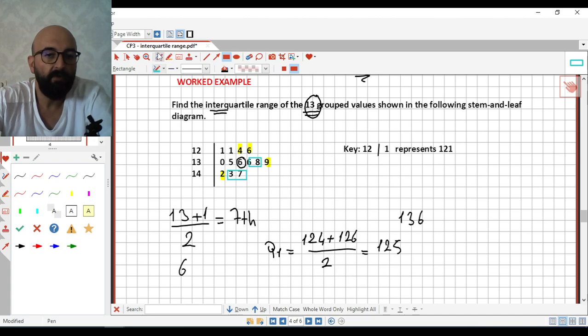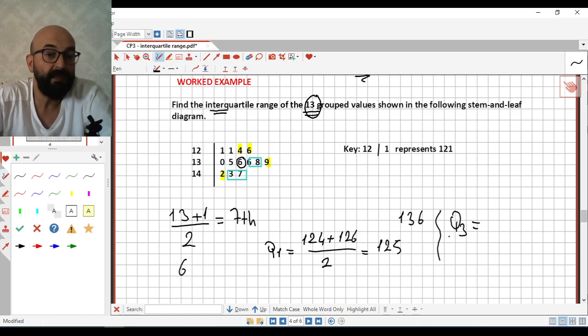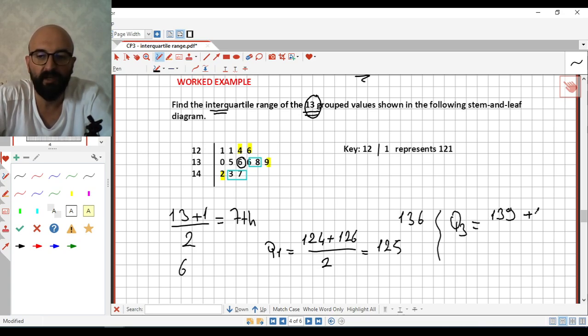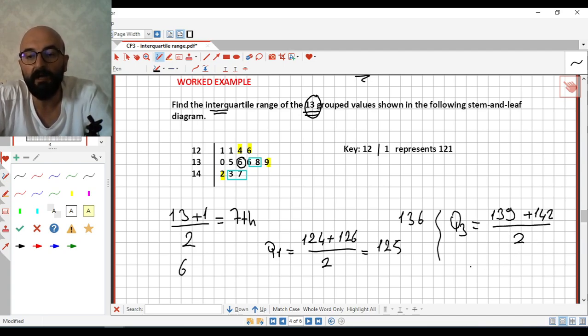Okay, now if you want to find the upper quartile Q3, we should find the mean of these two values. So 139 plus 142 divided by 2 becomes 140.5.